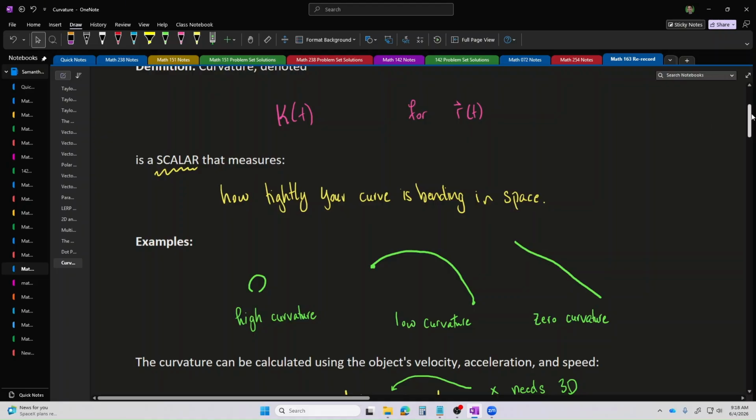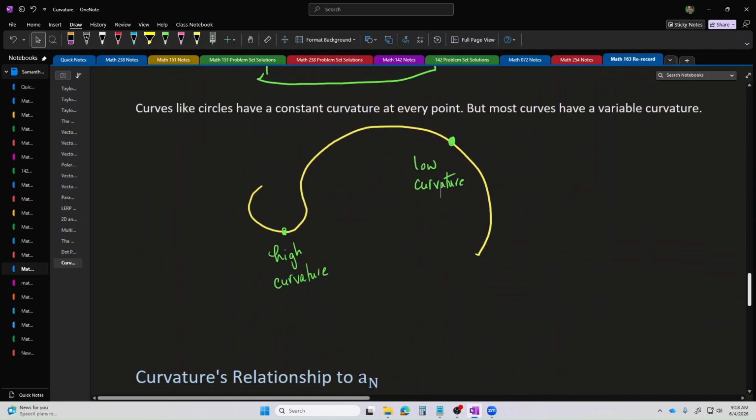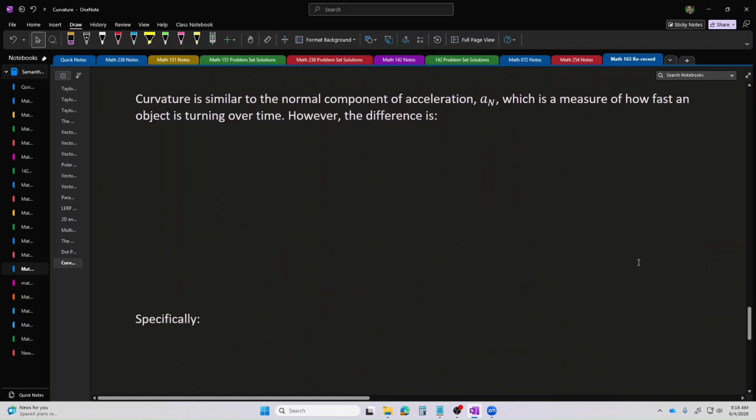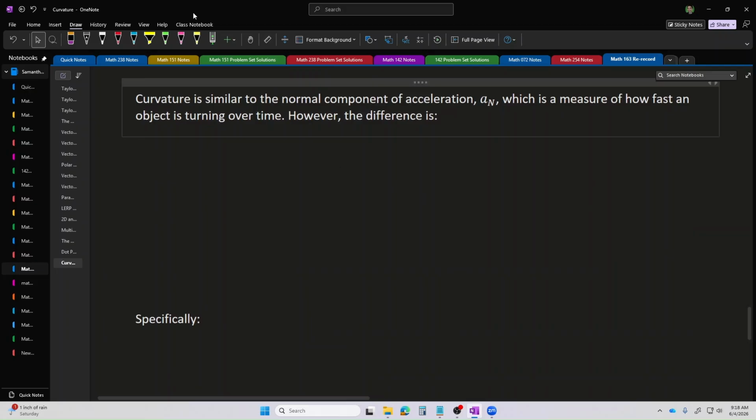Now, some of you may have observed that the definition of curvature seems similar or related to the definition of the normal component of acceleration, which we talked about yesterday. The curvature measures how tightly your curve is bending in space, and the normal component of acceleration measures how quickly your object moving on a curve is turning over time.